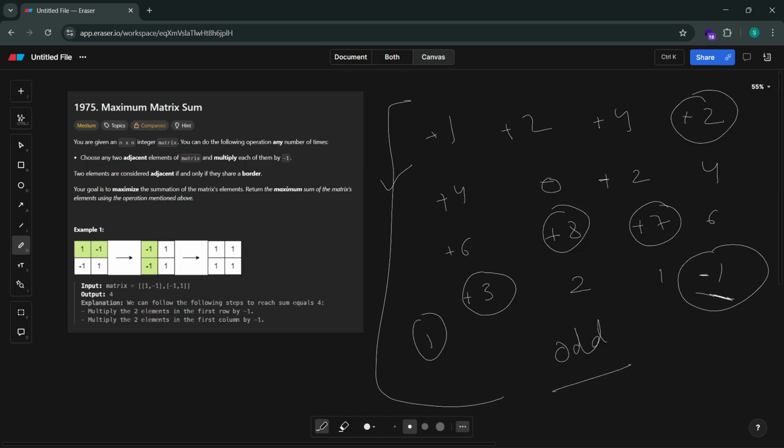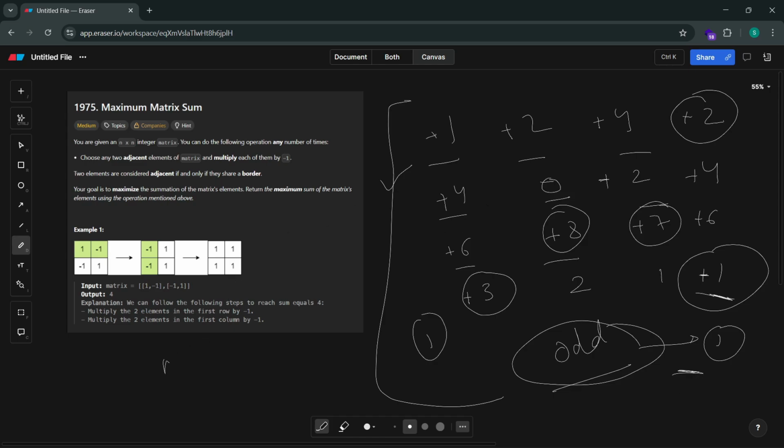So I can do this, and this. So the simple logic says that if there is an even number of negative values, then you can turn every element into a positive number. If there is an odd number of negative values, one value will always be negative.